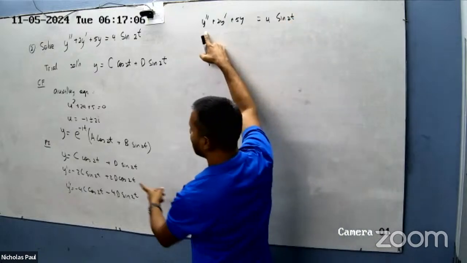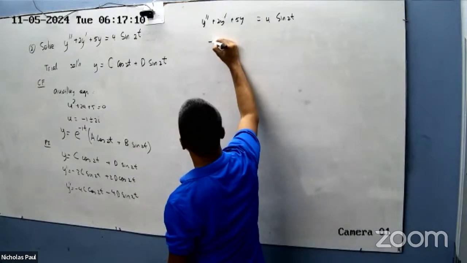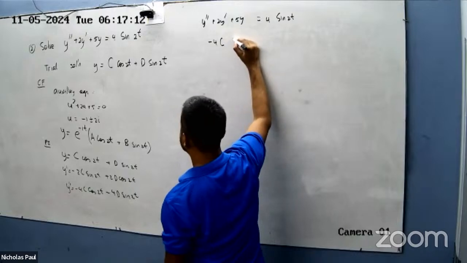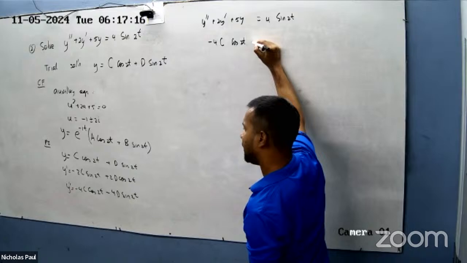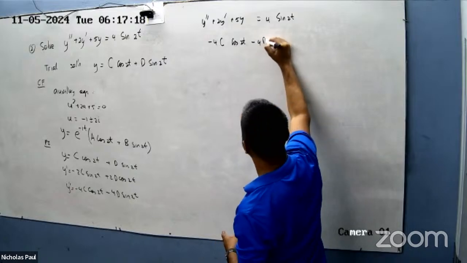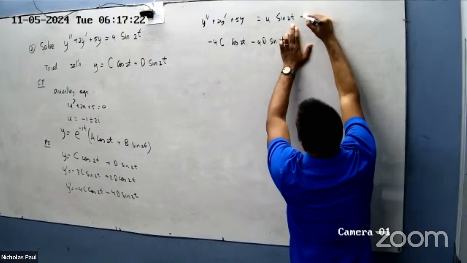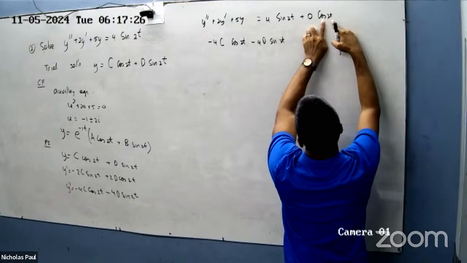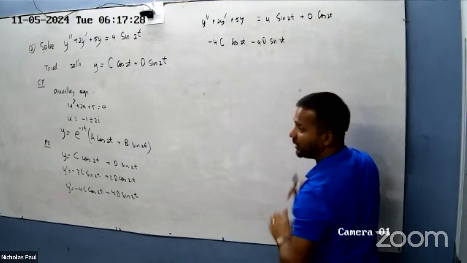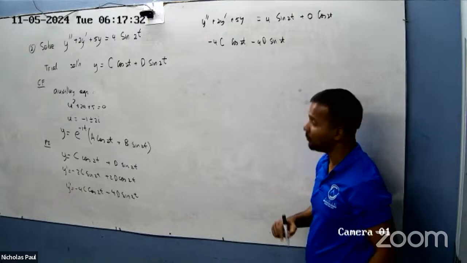So y double prime, I write in that first. Y double prime is minus 4c cos 2t minus 4d sine 2t. Please remember on the right hand side, there is no cos 2t because technically the coefficient is 0. That's okay, Emily? Right?